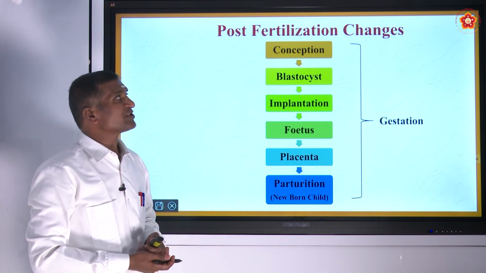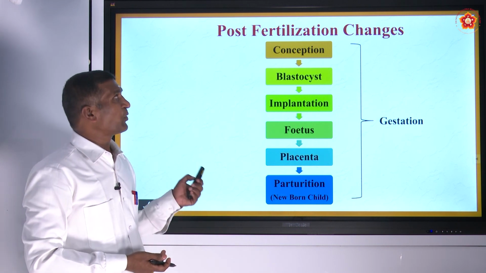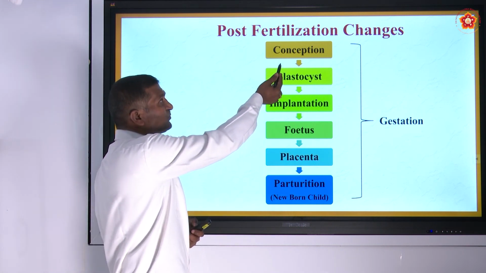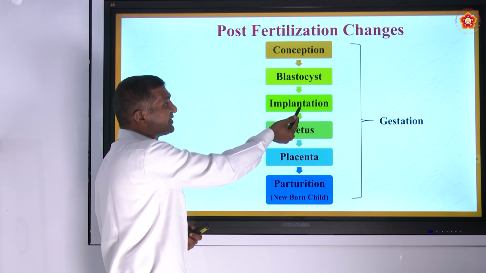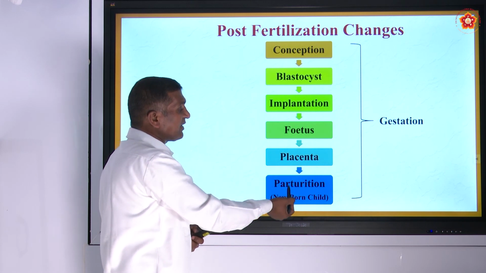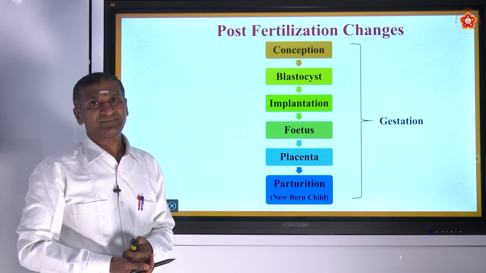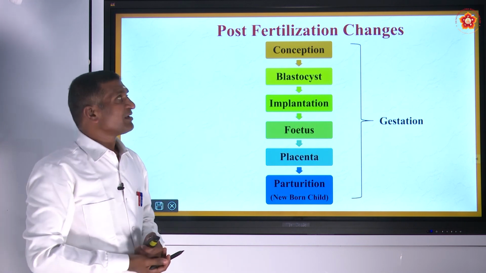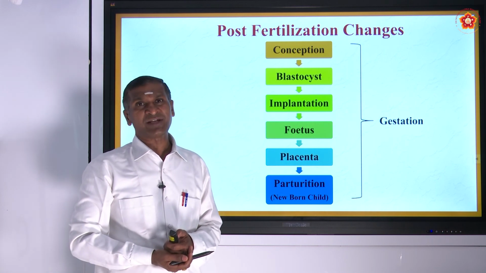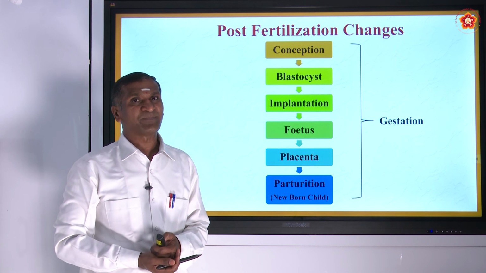That is the post-fertilization changes: the conception, blastocyst, implantation, fetus, placenta and parturition. The conception is the zygote formation by the fusion of male and female gametes.